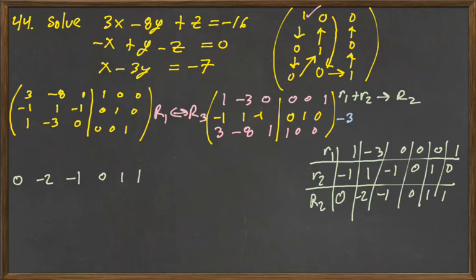And then we're going to make a 0 here. This is in column 1, so we're going to use row 1. And the opposite of 3 is negative 3. So negative 3 row 1 plus row 3 replaces row 3. So negative 3 row 1 is going to be negative 3, 9, 0, 0, 0, negative 3. Row 3.